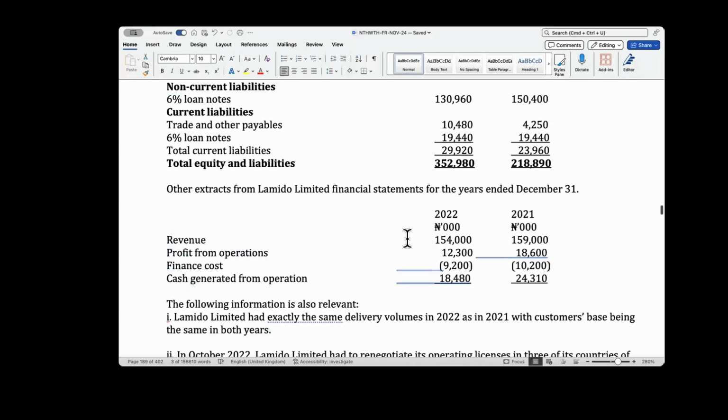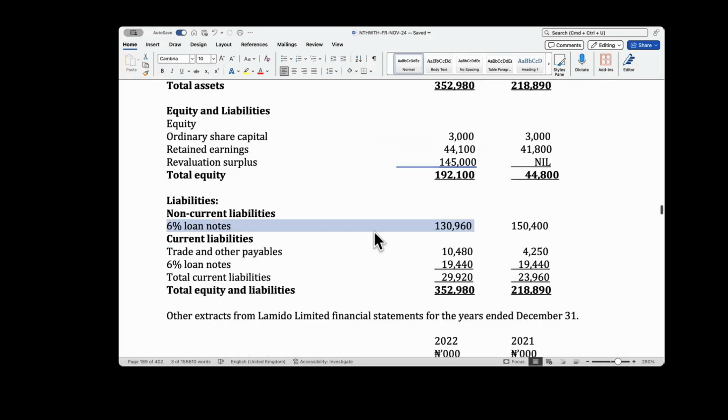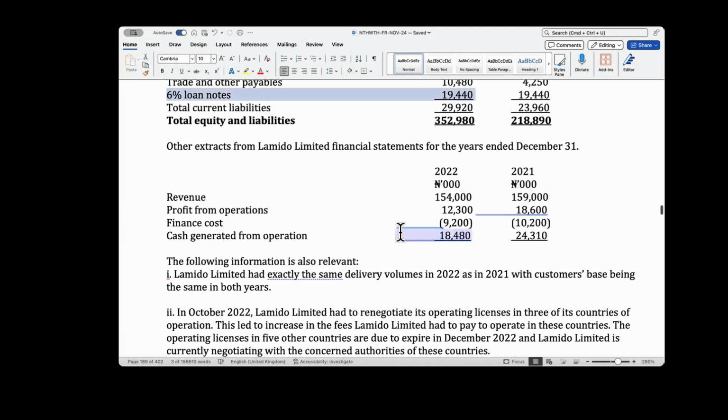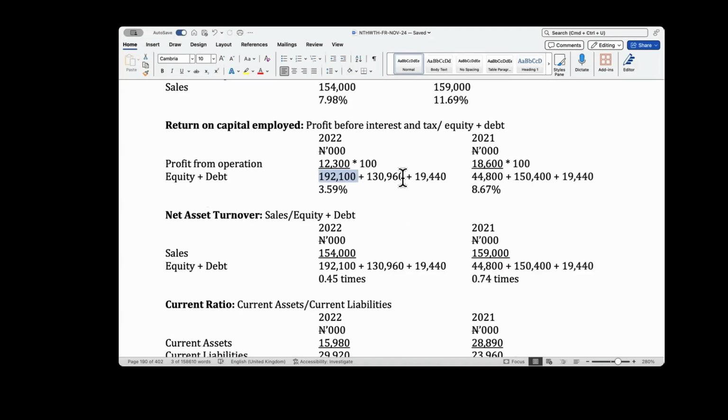So if you pick only this one, you are wrong. You must pick the two. This is the debt under non-current, and this is the debt under current. I did the same thing for the previous year too. Then I get my ROCE: 2022, 3.59%, 2021, 8.67%.